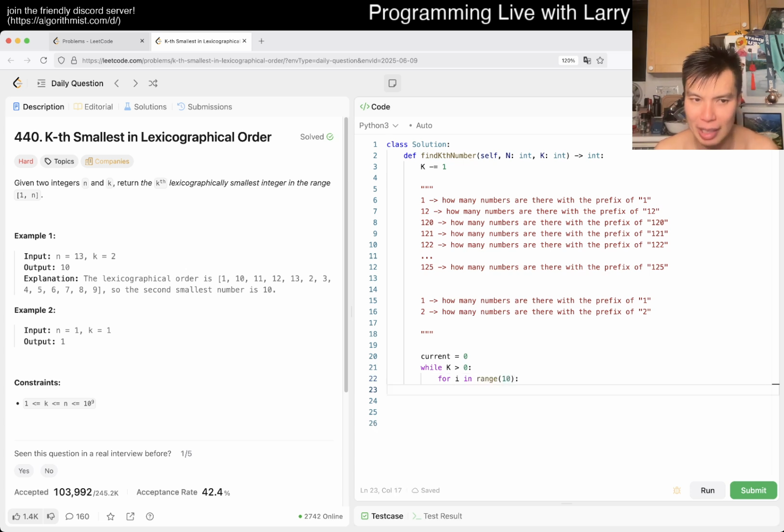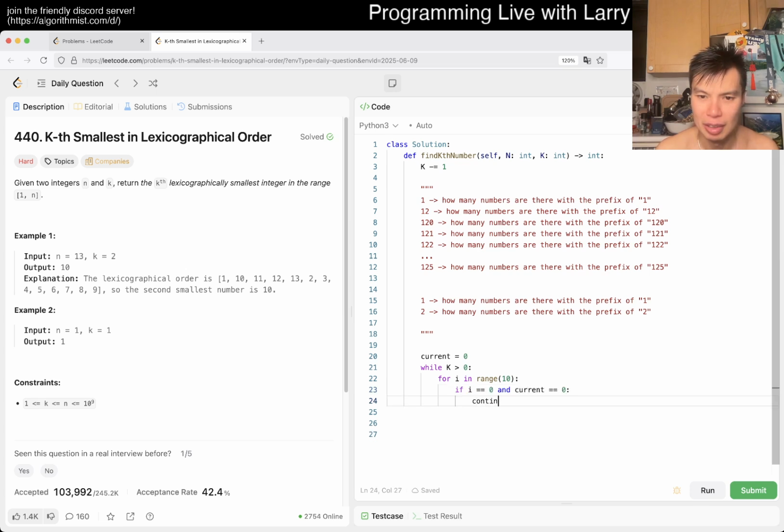But other than that, I think we're fine. Maybe it can be. I don't know. It just depends on how consistent you want to be. But yeah, let's just say if i is equal to 0 and current is equal to 0, we just continue. Okay, then now we go.